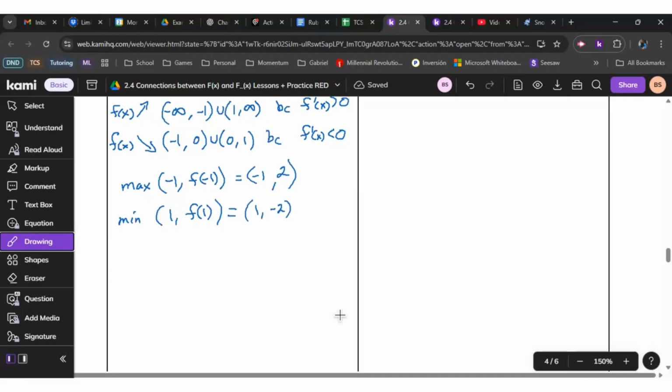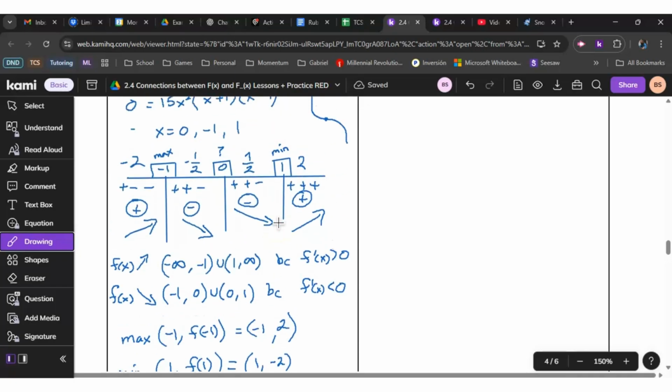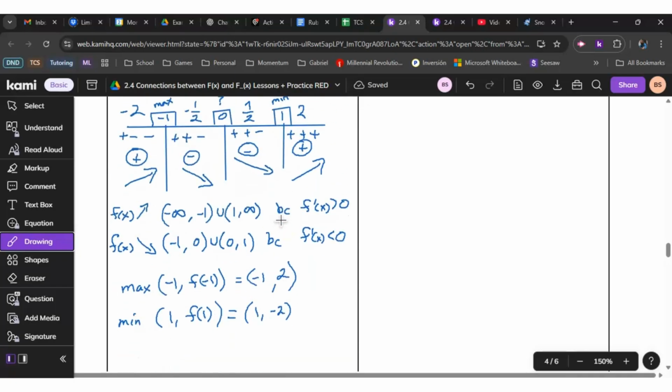Plug in negative 1 into the original equation. How did you get 2 points? I didn't get 2 points. You got negative 1, and f of 1 is negative 2. These are opposite points on the graph. If you plug it in, you get negative 1 and 2.